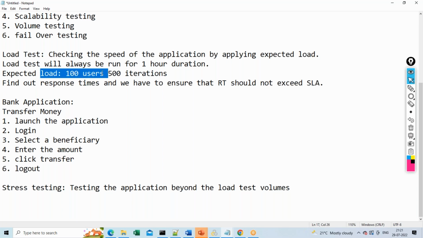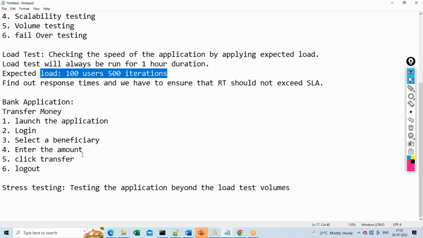So stress testing is anything beyond that. Let's say 150 users, 800 iterations, 200 users, 1000 iterations, 250 users, 1500 iterations. Any load applied beyond the load test is always considered as stress testing.